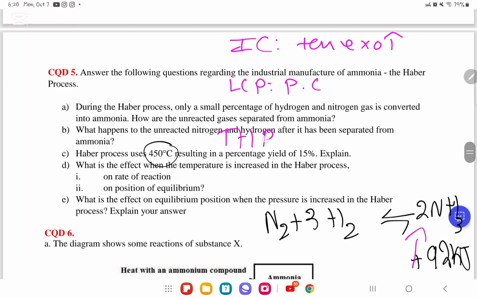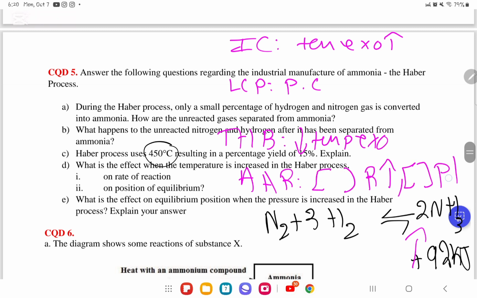How does this happen? This happens by decreasing the temperature of our exothermic reaction, and then as a result, the concentration of reactants increases, whereas the concentration of products decreases. Why? Because the products are giving heat to our reactants. So since the products are giving heat to our reactants, we say this is a backward or a left shift.